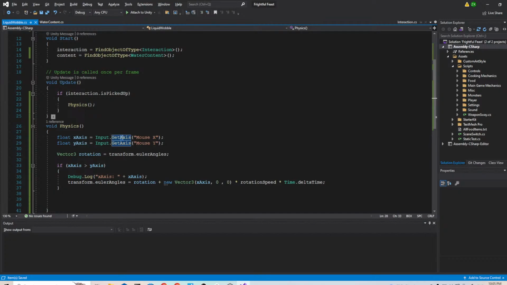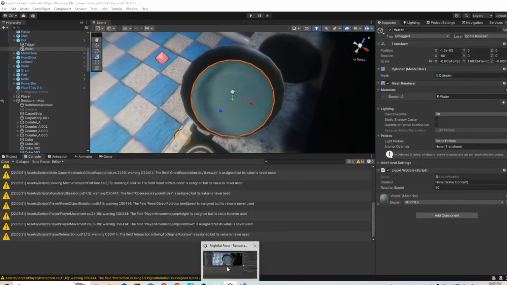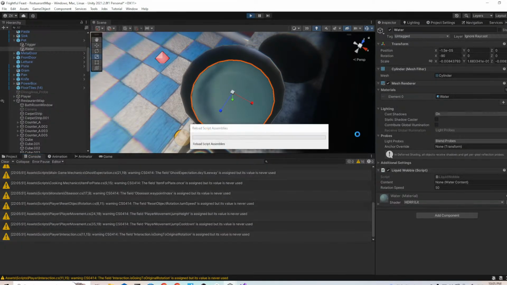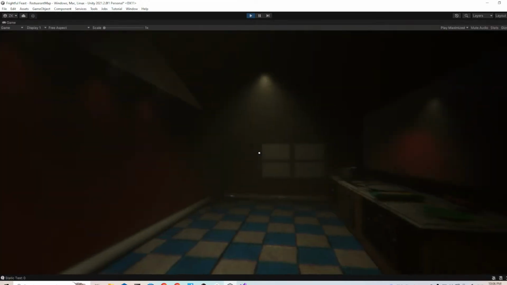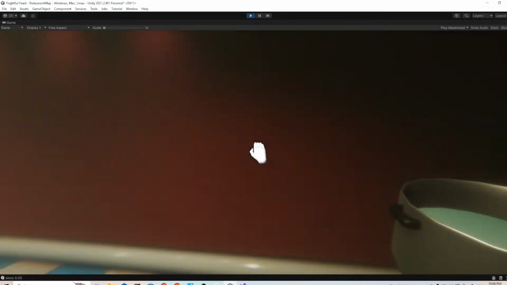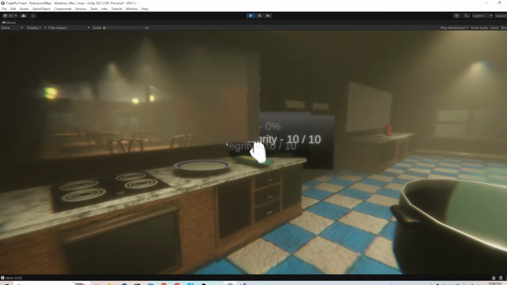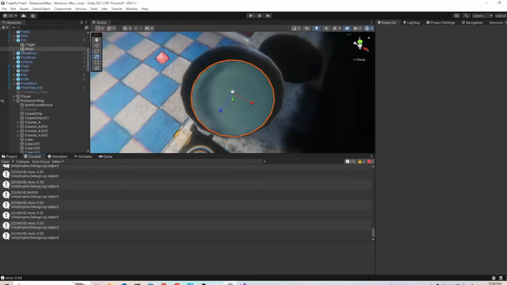Okay, we'll try GetAxisRaw. Don't know about this one, but we'll try. Why isn't it?